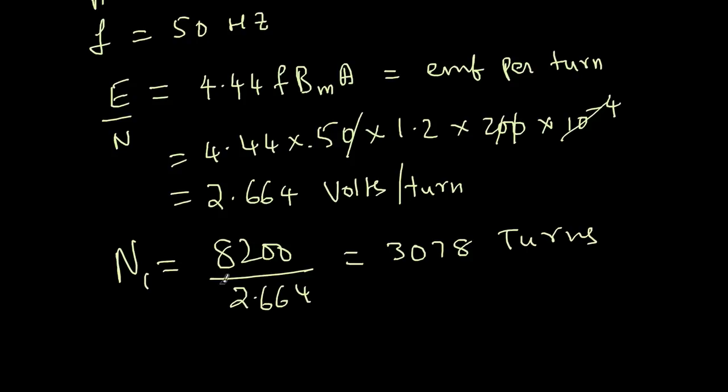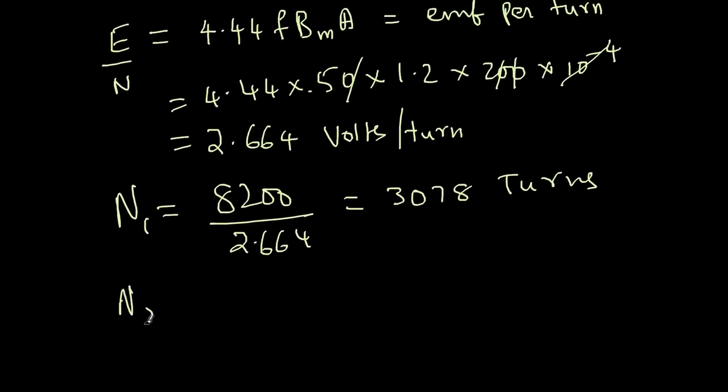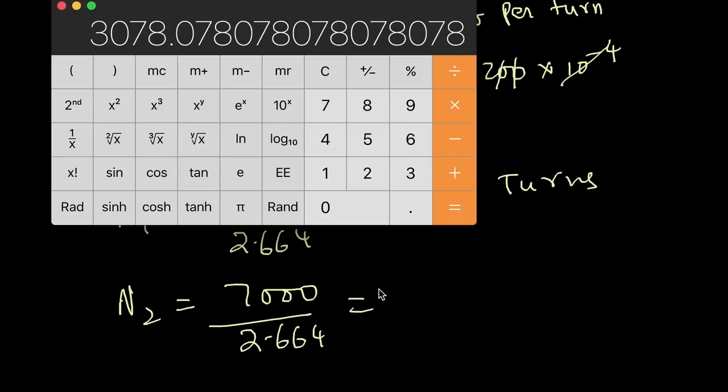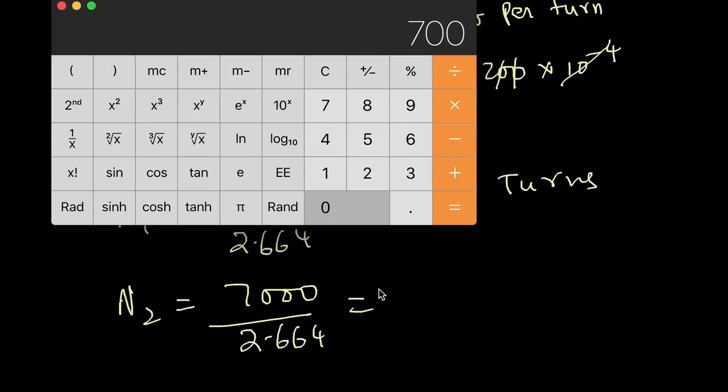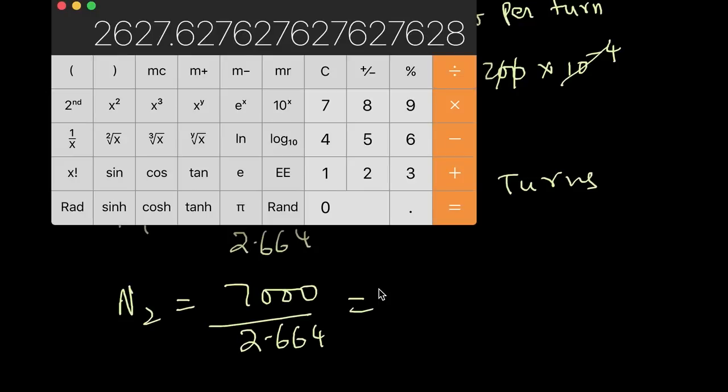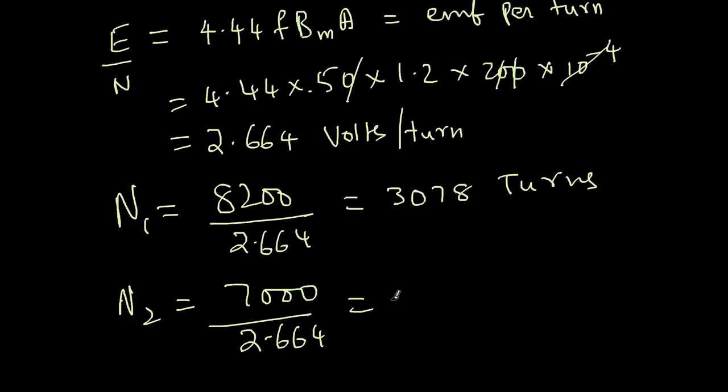Now where do you get the secondary, that is N2? This is 7000 divided by 2.664. This is where we do the tapping. So 7000 divided by 2.664, I'm getting 2627.6, so I'll round it off to 2628 turns.